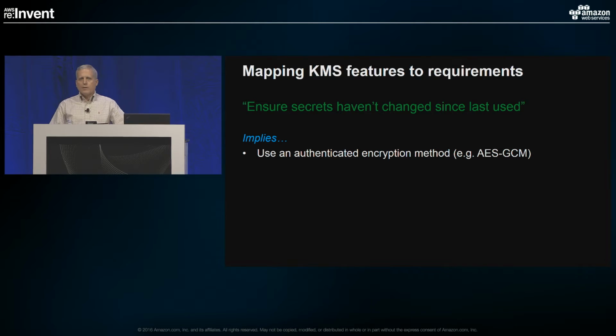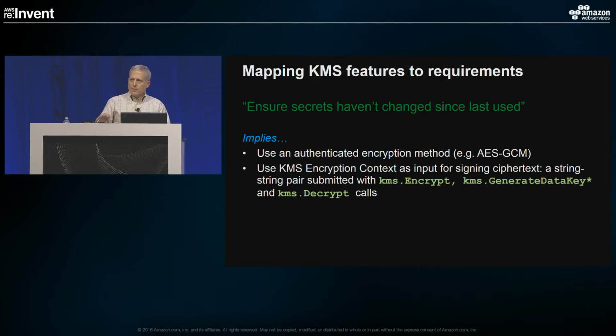So whether you're submitting data directly to KMS, as long as it's under 4 kilobytes, or you're using envelope encryption and having data keys sent up and back to KMS, every encryption operation done within the service is using 256-bit AES keys under Galois counter mode. Now, I'm not going to go into the details of Galois counter mode, but one of the things that it does is it allows you to ensure that the integrity of the ciphertext is maintained between encrypts and decrypts.